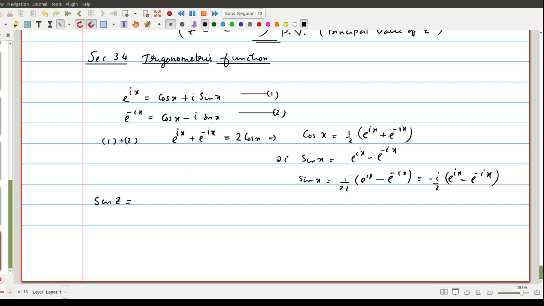Complex sin z is defined using this formula, that is e power iz minus e power minus iz divided by 2i, or you can write this 1 by i as minus i. The other trigonometric function, complex cos z, is defined as e power iz plus e power minus iz divided by 2.